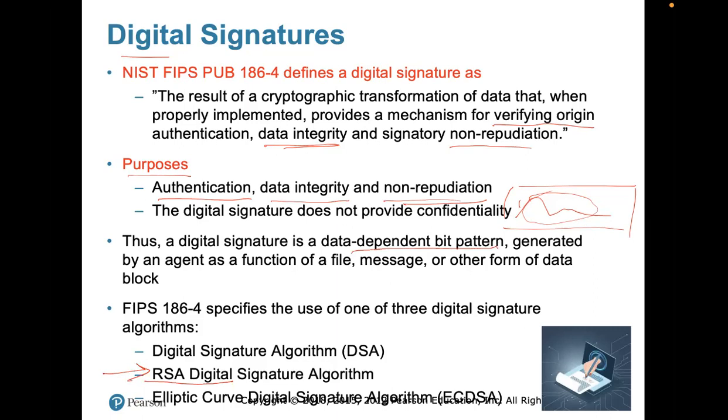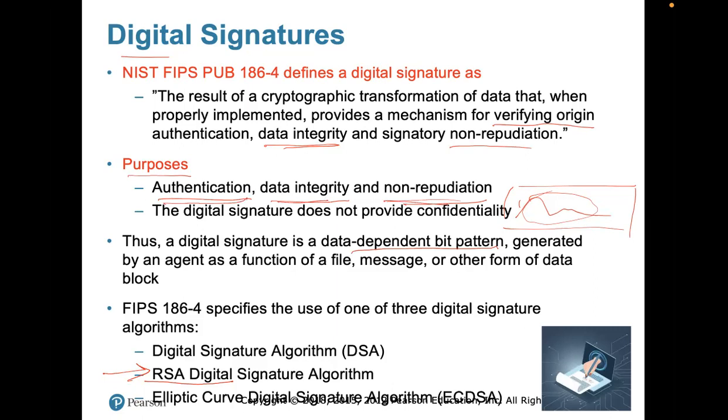So we will be using RSA in order to generate digital signatures. When we say digital signature, it means that we are generating some patterns of 0 and 1, some binary data that helps us attain these three important properties that we just mentioned.